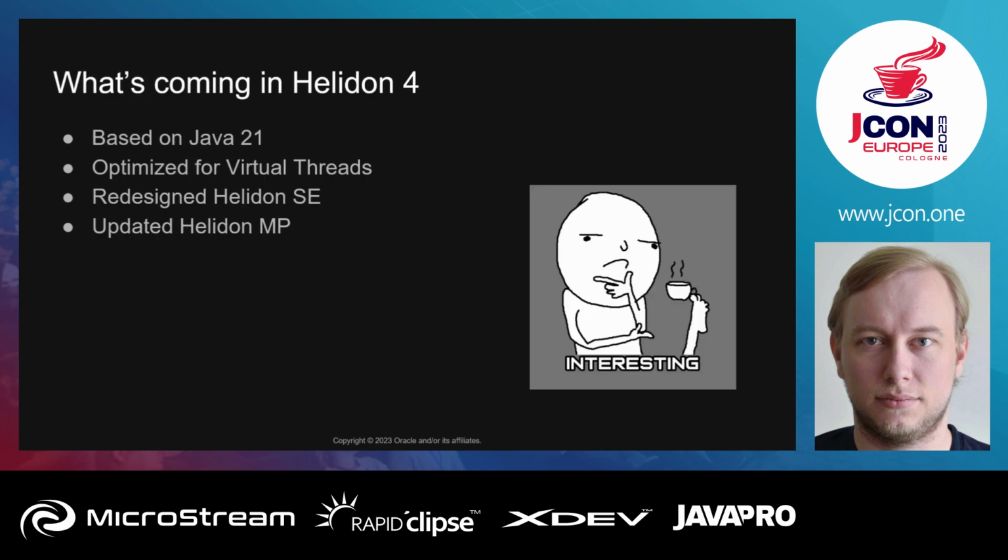Right, so what's coming in Helidon 4? Well, firstly, Helidon 4 will be based on Java 21. It is fully optimized for virtual threads, and we completely redesigned Helidon SE to follow the blocking paradigm instead of the reactive one, because we really do believe that virtual threads are the way to go.